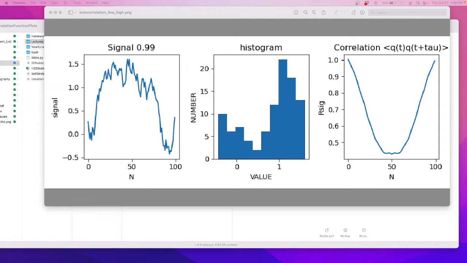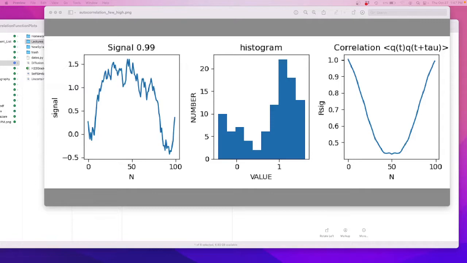But at bigger lag, it's going to fall off. This one falls off pretty slowly, so when you've shifted the signal by like half the length, you're about 25% correlated. Maybe that's 40% correlated. And you can see that by looking at the plot. If you're at one spot, you know what the points are nearby.